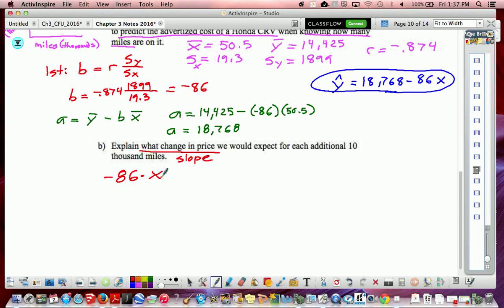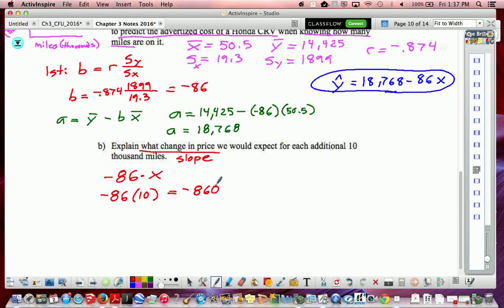So what am I going to replace x actually with? What number? Okay, we're going to replace it with just 10, not 10,000, but just 10, because our x is representing thousands already. So we get negative 860.